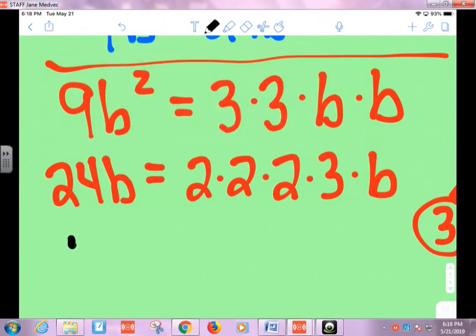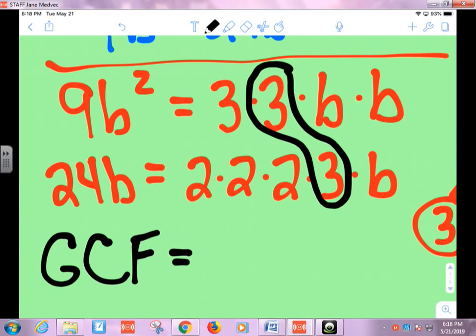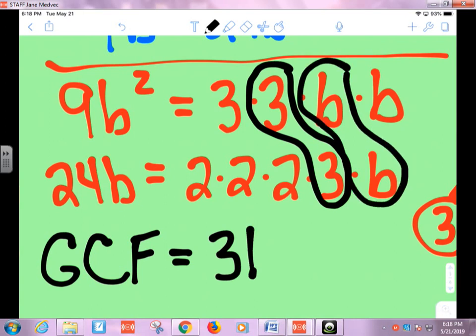So now I'm going to grab my greatest common factor, and I'm going to circle a set of 3's. I'm just going to grab these because they're next to each other. I could have grabbed the first 3 in the section, but I'm going to grab those. I write my 3, and then I'm going to grab my b's. So that's my greatest common factor.